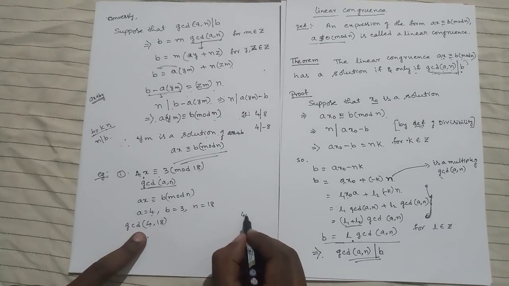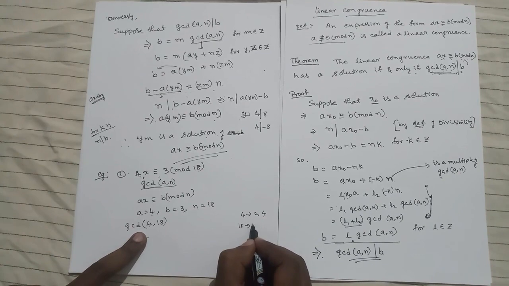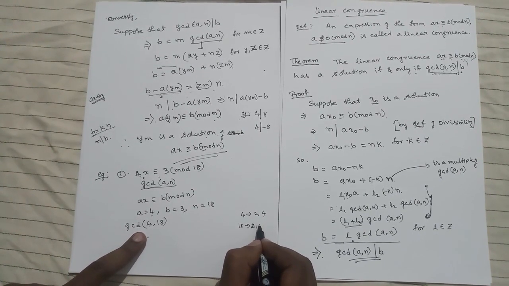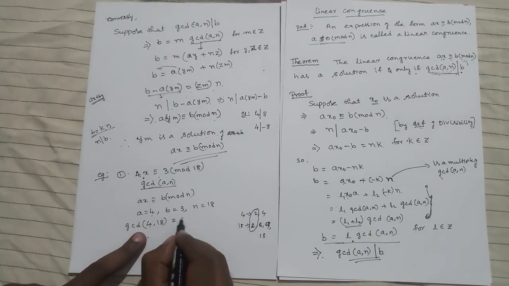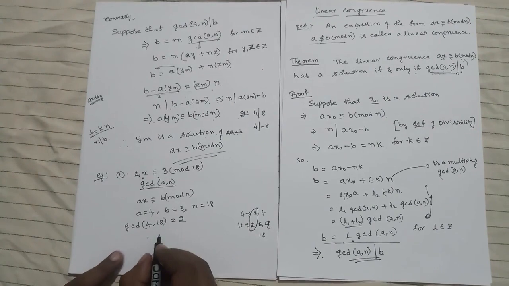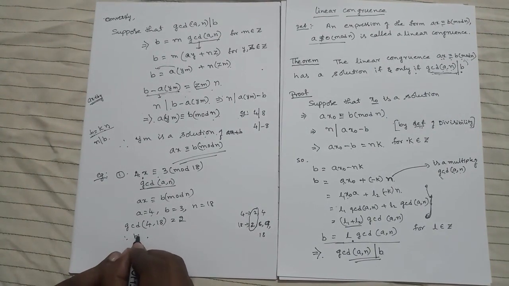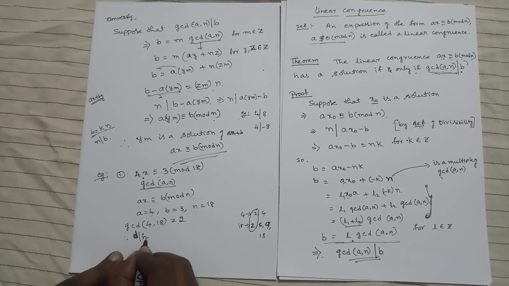Here 4 can be divided by 2 and 4 itself. 18 can be divided by 2, 6 and 9, 18, but the greatest common divisor is 2. So 2 is the GCD, and therefore d divides b.